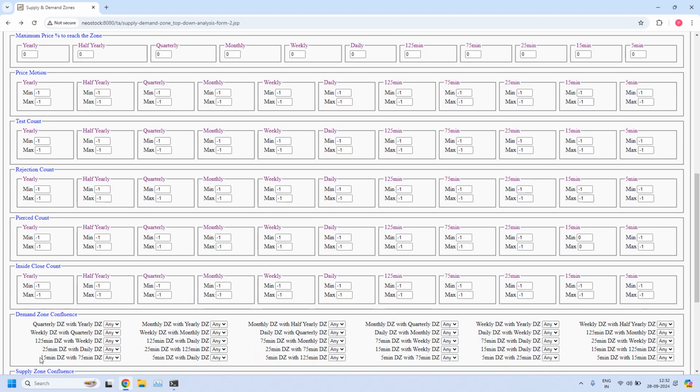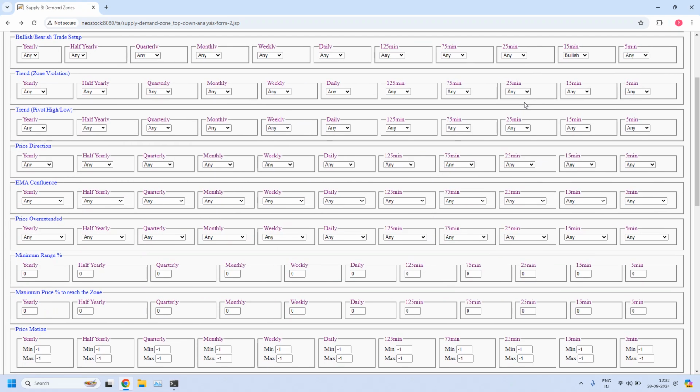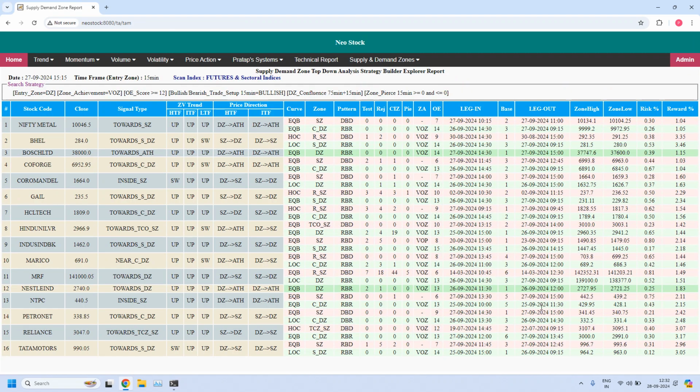So I am enabling the filter 15 minutes demand zone with 75 minutes demand zone confluence. Filter is enabled. Let's verify. Now the list has come down to 16. Out of 21, 16 stocks are having ITF confluence, and also they are supporting bullish trade setup for daily income trade, entry time frame 15 minutes.